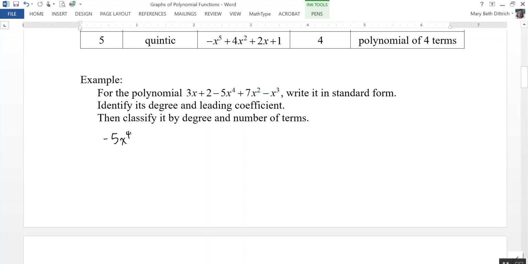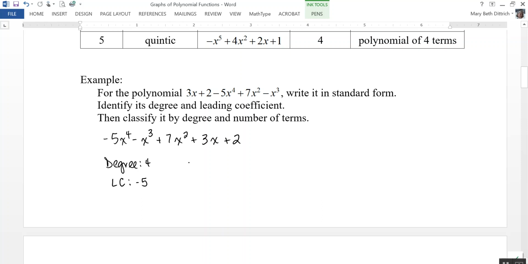And then I need to see if I have any x to the third, so negative x to the third. And then 7x squared plus 3x plus 2. So that would be standard form because my powers of x are in descending order. Its degree is 4. Its leading coefficient is the coefficient of x to the fourth, which is going to be negative 5.